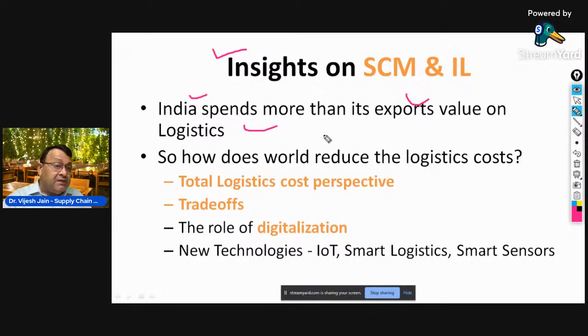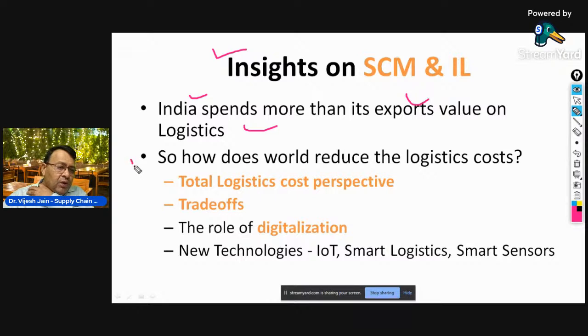So there is a need to reduce this cost. World average is something like 8%, and many countries are spending even less on logistics as the percentage of the GDP. So there is definitely a major crisis for India, in fact, I would say, to work on reducing the cost of the logistics in India.